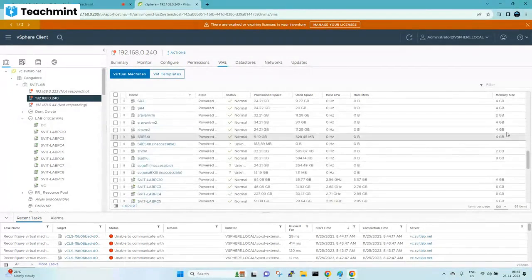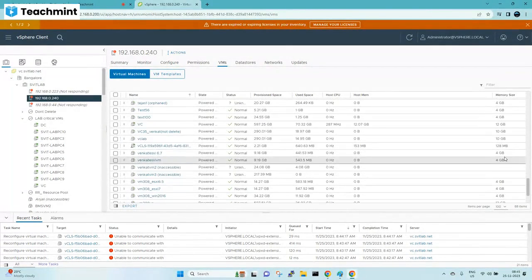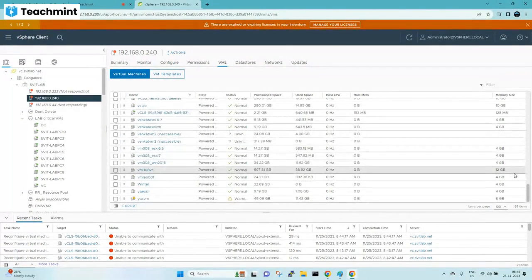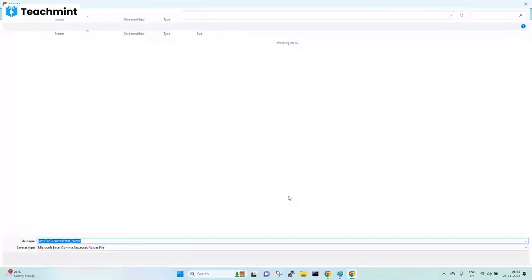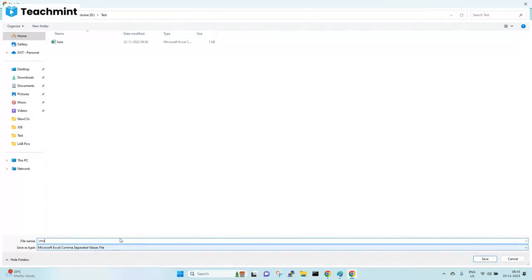Okay. All together it will be more than 100 only in this case. Even beyond 200 GB is there. If you want, I'll show you. Click on export. You can get an Excel sheet of this report. Just the VMs list.